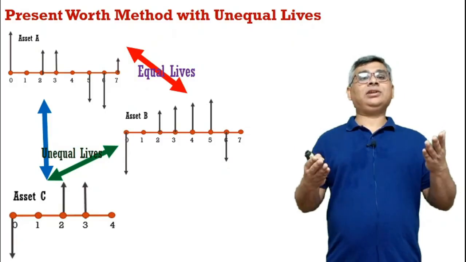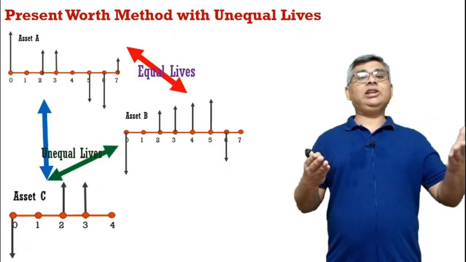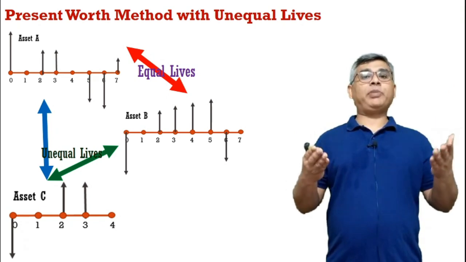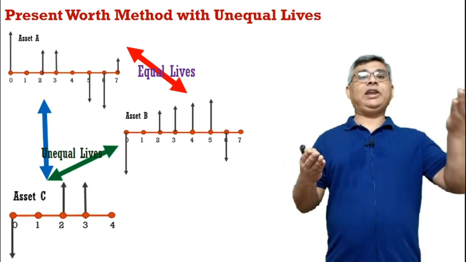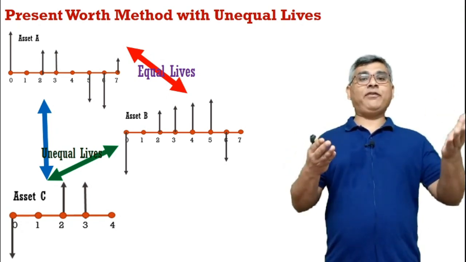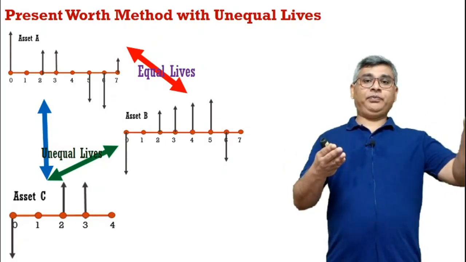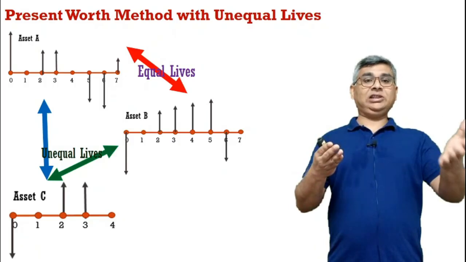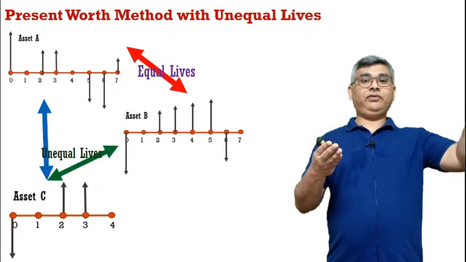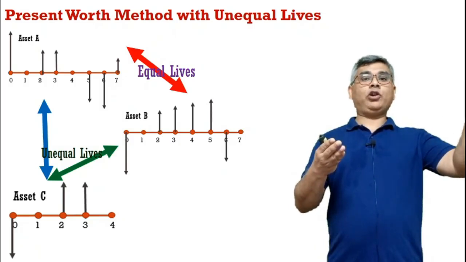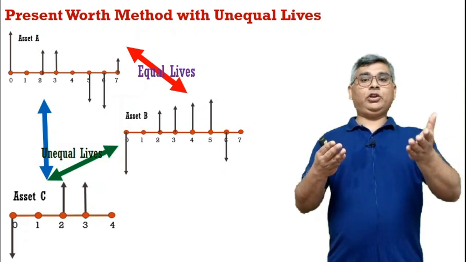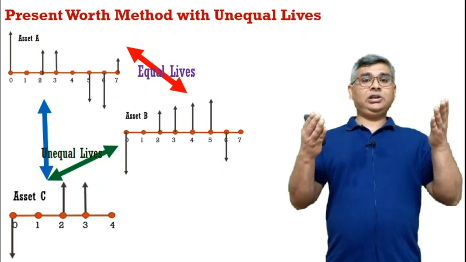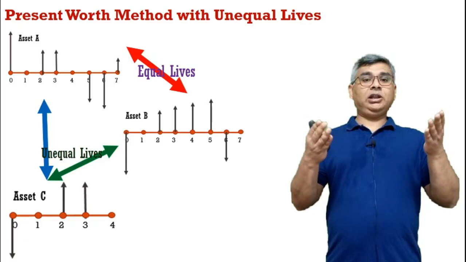That we have already seen in the previous lecture on the same present worth analysis. We took up a case where the economic lives of the two alternatives are the same, as we compared alternative or asset A with alternative or asset B. That is the case of equal lives.